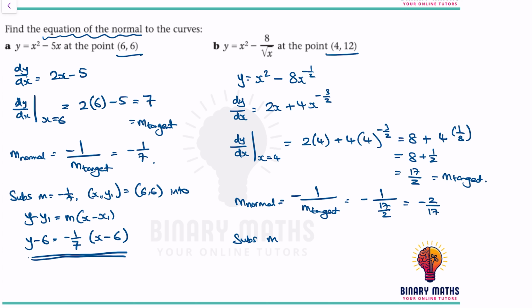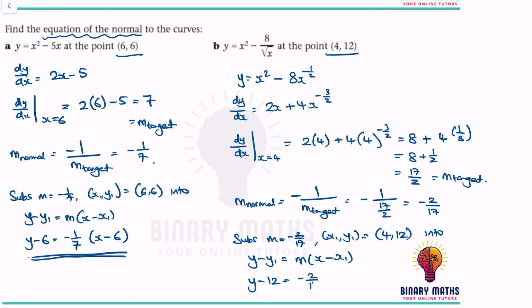Substitute m equals negative 2 over 17, x1, y1 equals 4, 12 into y minus y1 is equal to m times x minus x1. You get y minus 12 is equal to negative 2 over 17, x minus 4. Again, there's a fraction involved. I don't need to put in a particular form, so I can just leave my answer like that.